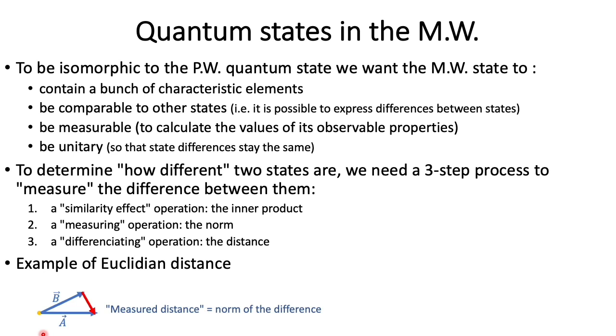Here, the measured distance between two vectors A and B will be equal to the norm of the difference, in other words, the length of this vector here. And note that in particular, when two vectors have the same amplitude, the same norm, the dot product will depend only on the angle. Now, let's keep that in mind.